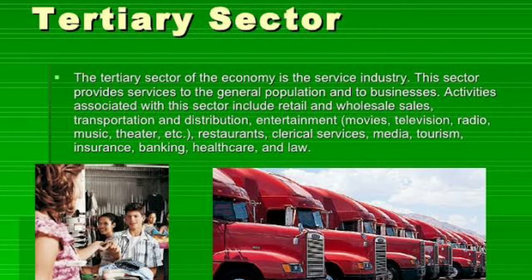It provides support or aid to the development of the primary and secondary sector. For example, the goods produced in the primary and secondary sector are transported to wholesale and retail shops through trucks or trains, which is the tertiary sector.